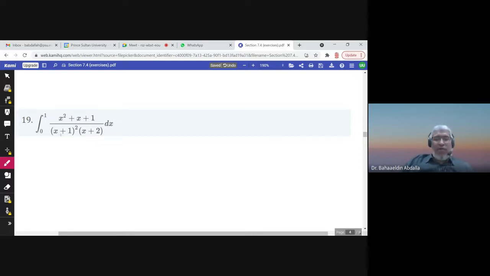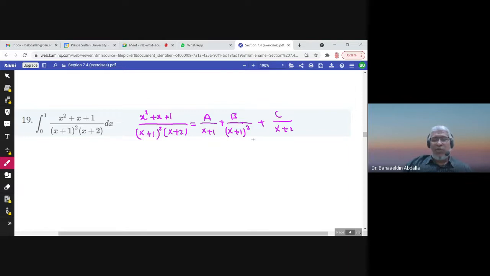Well, now the first repeated linear factor. So x squared plus x plus 1 over x plus 1 squared times x plus 2 would be equal to a over x plus 1 plus b over x plus 1 to the power 2, because it's repeated, plus c over x plus 2.